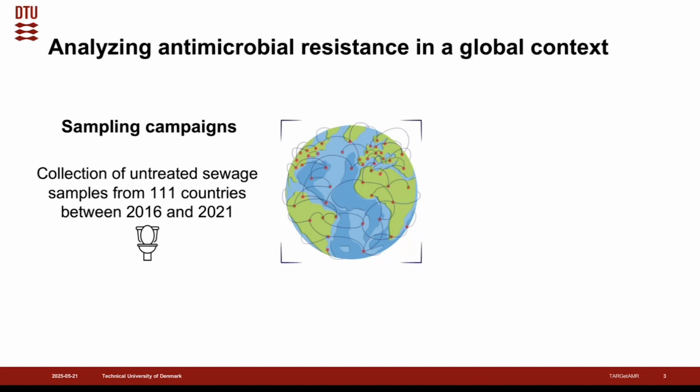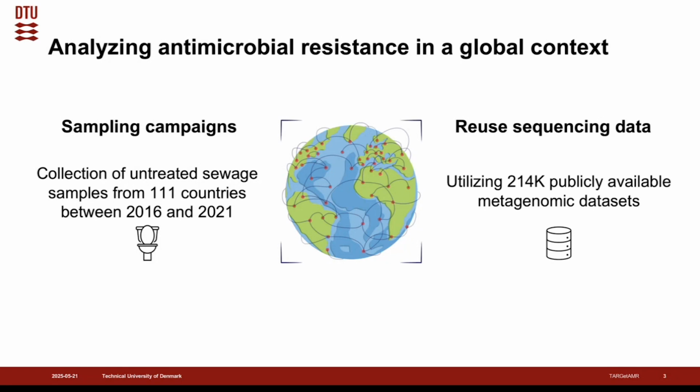We currently have quite more than 1,000 sewage samples over a period of 5 years. But also, what I did in my PhD, how we can reuse what other people are doing, how we can utilize what's already been sequenced.